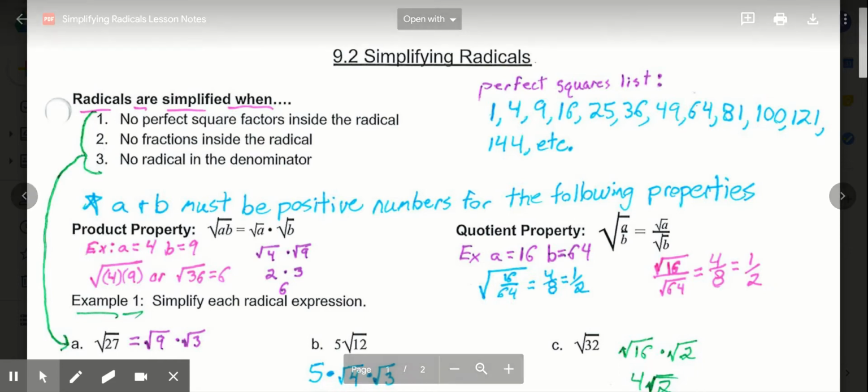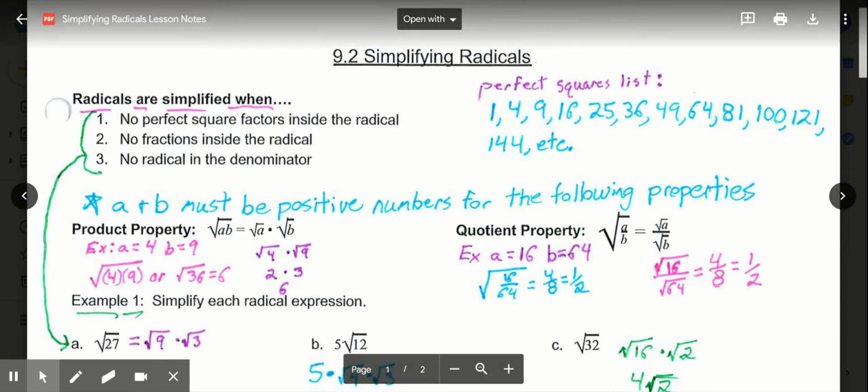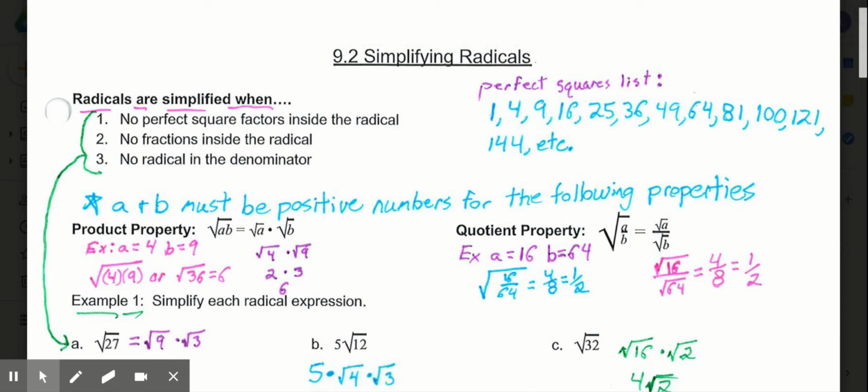For example, the square root of 4 is 2. Square root of 9, 3. 16, 4. 25, 5. 36, 6, and so on. So when simplifying, we want to factor out or divide out our perfect squares.